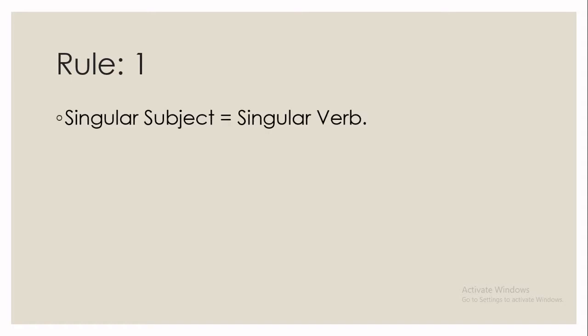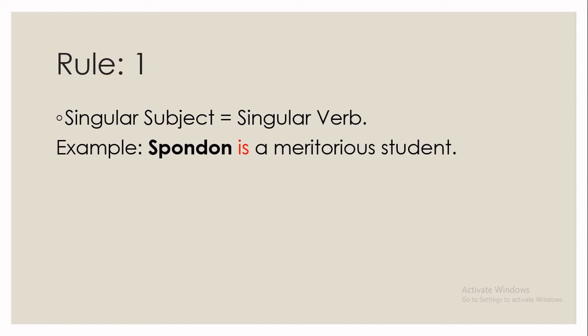I want to start with the very basic rule of the right form of verb, which you can see on your screen: a singular subject takes a singular verb. Have a look at an example. Spondon. I want to start with Spondon because this viewer recommended me to make this video. That's why I'm giving the example: Spondon is a meritorious student.